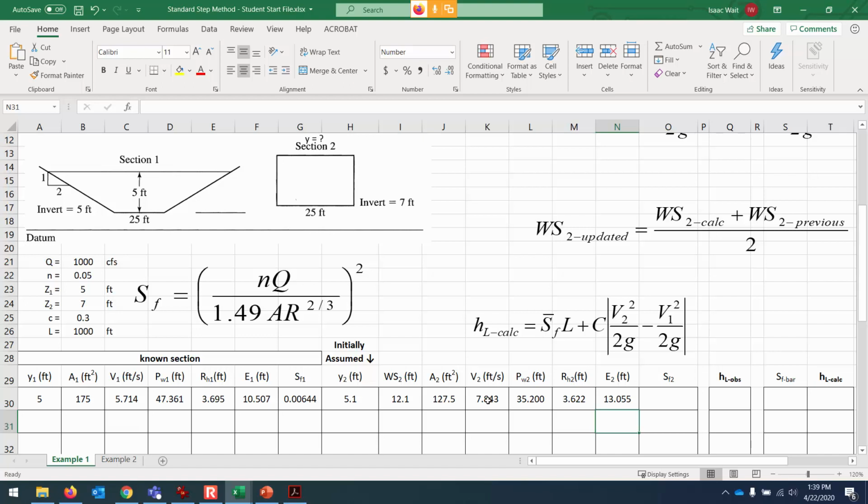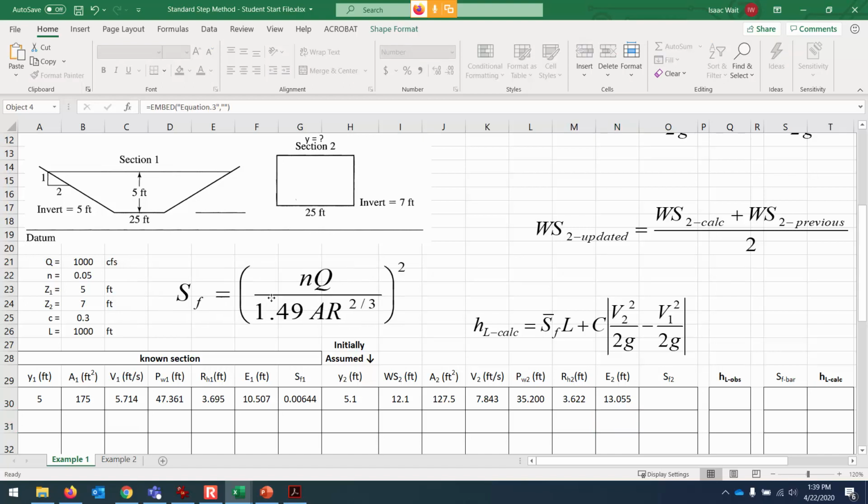And now we're going to use Manning's equation again to solve for S sub F2. Okay, so that's going to be n times Q divided by 1.49 times the area times the hydraulic radius.